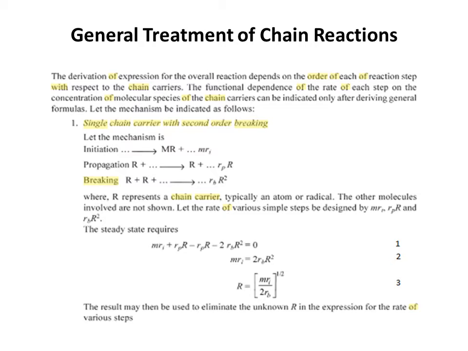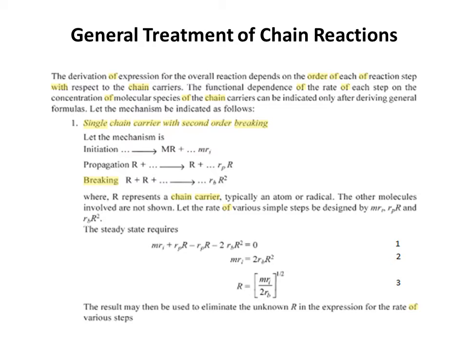Now, single chain carrier with second order termination. Let the mechanism be: initiation gives you the free radical R with the rate constant k_I. Propagation step: the radical R will combine with the other molecule to form product, with its rate. Then termination: R plus R will give you R2 with the rate constant k_B.